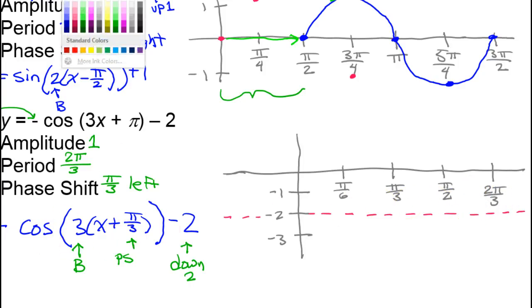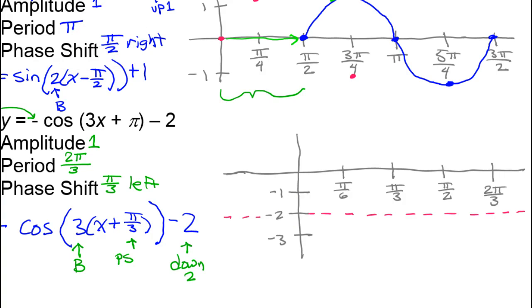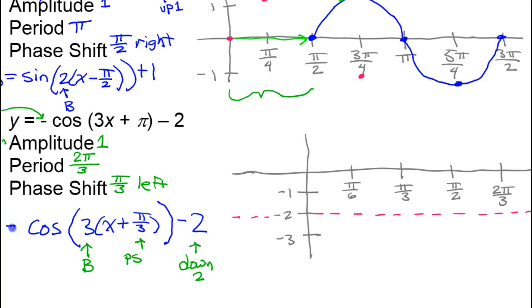Now, let's talk about what the graph would look like if there was no reflection over the x-axis and if there was no phase shift. Normally cosine starts off high, and then it would go down from there. Because there is a reflection over the x-axis, instead of starting off high, the cosine function is going to start off low.